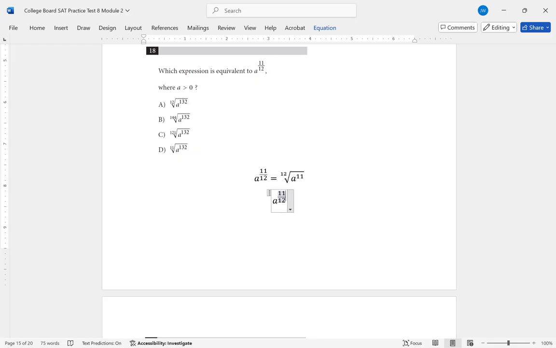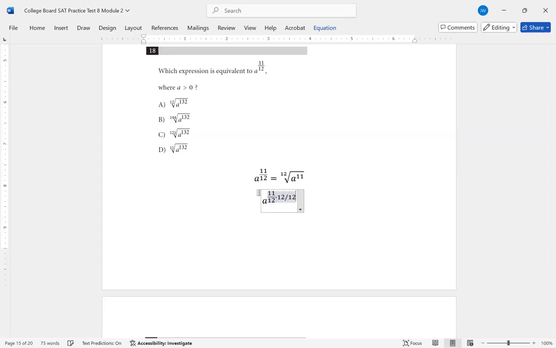And what we can do is we can take that exponent and multiply it times a 1. Now, we look at the roots that we're given. We're given 12th roots, 144th roots, 121st roots, and 11th roots. And the only one that would make sense is a 144th root.